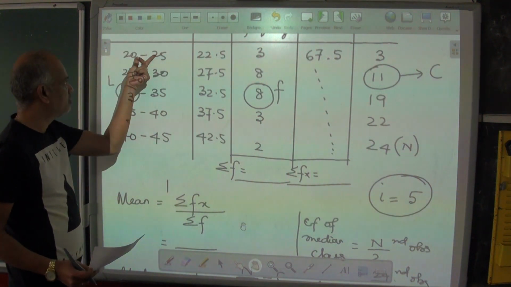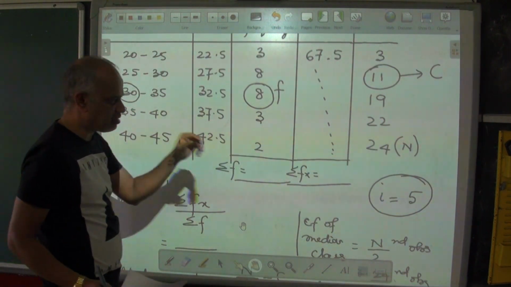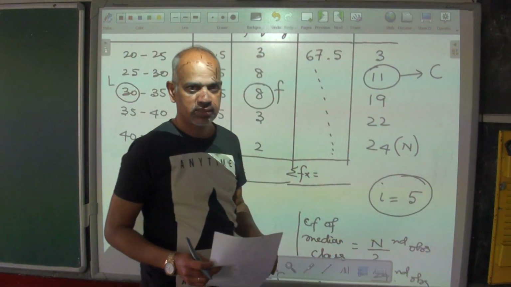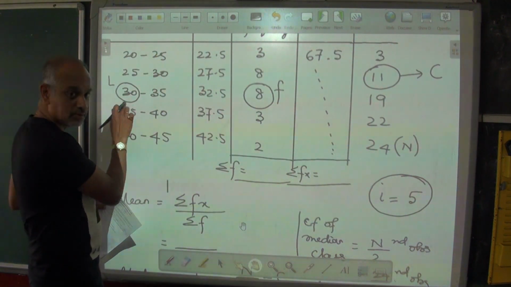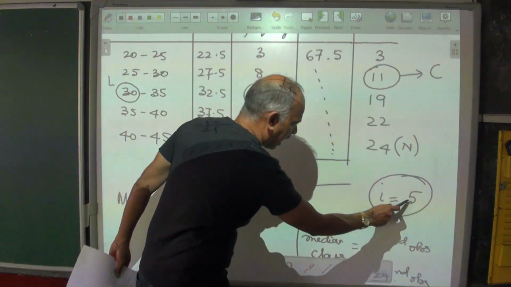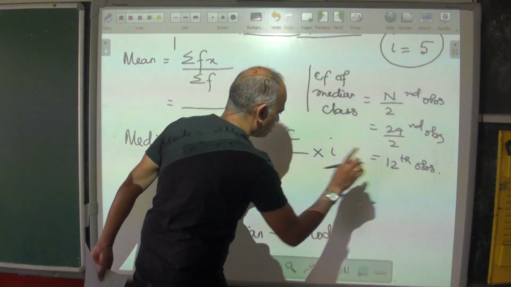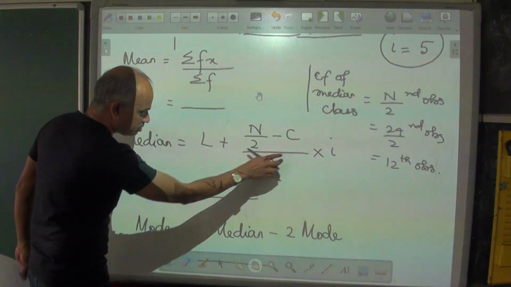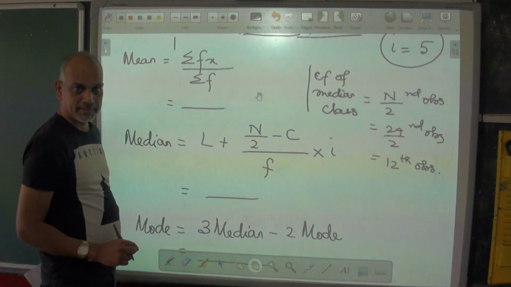See the difference? 5. Difference between these two, 5. So I value is 5. So all are there: L value, C value, F value, I value, and n by 2 value, which is 12. So all these you will substitute here and simplify, you will get the median.